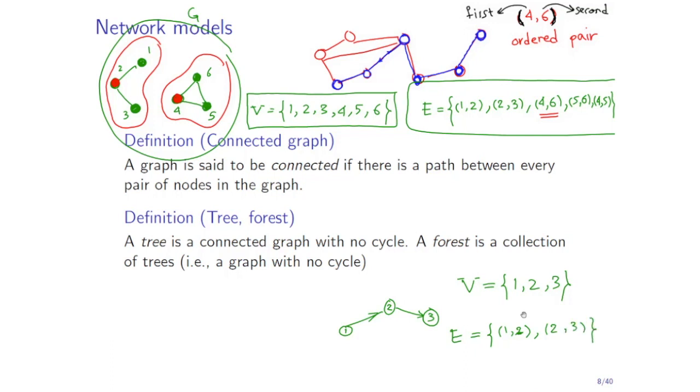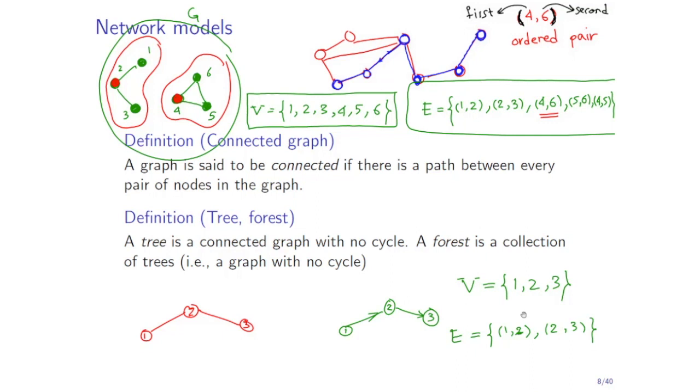So this is a proper notation when we talk about directed graphs, but when we talk about undirected graphs, it doesn't matter which one is first, which one is second, because all this tells us is that there is an edge between 1 and 2. If you want to add direction to it, it means that it is both 1, 2 and 2, 1.